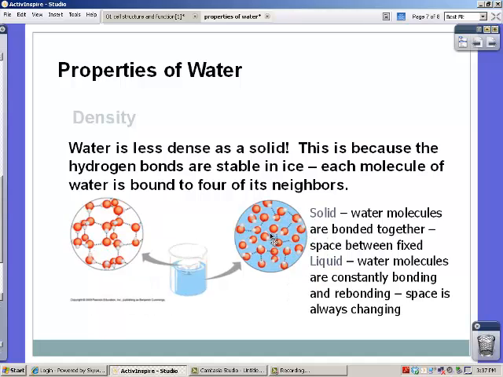are moving around at random. They're all in my cup, they're all on top of each other, they're all spread out, no real rhyme or reason. And this is when water's in its liquid form. However, when water is actually in a solid form, it forms these water-like lattices due to hydrogen bonding, okay? And they form these really elaborate geometric structures that have lots of space in between them.